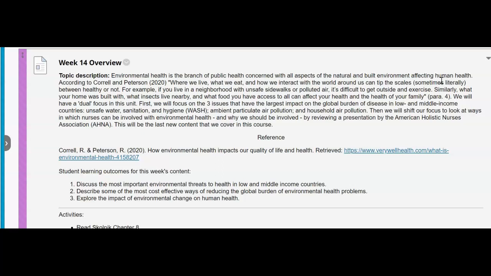So throughout our course, we've really looked at the burden of disease. But after we look at WASH, the 3 issues that have the biggest impact on the global burden of disease in low and middle income countries, then we're also going to look at ambient particulate air pollution.